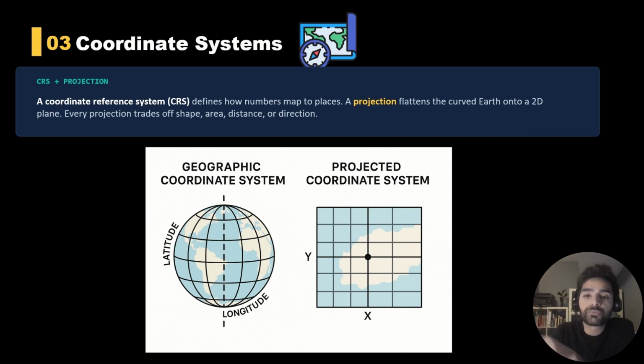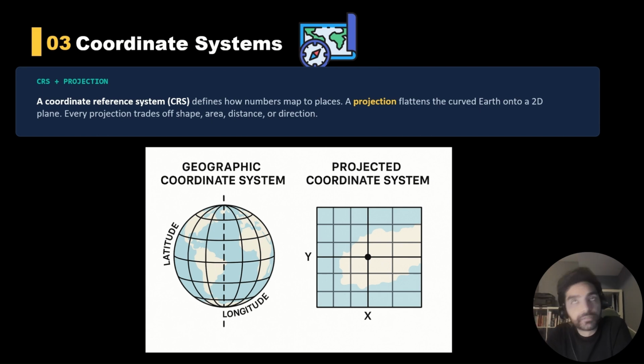The important part is that every projection makes trade-offs. Some preserve shape, some preserve area, some preserve distance locally, but no flat map can preserve everything perfectly. That is why the correct coordinate system depends on the task or the project.